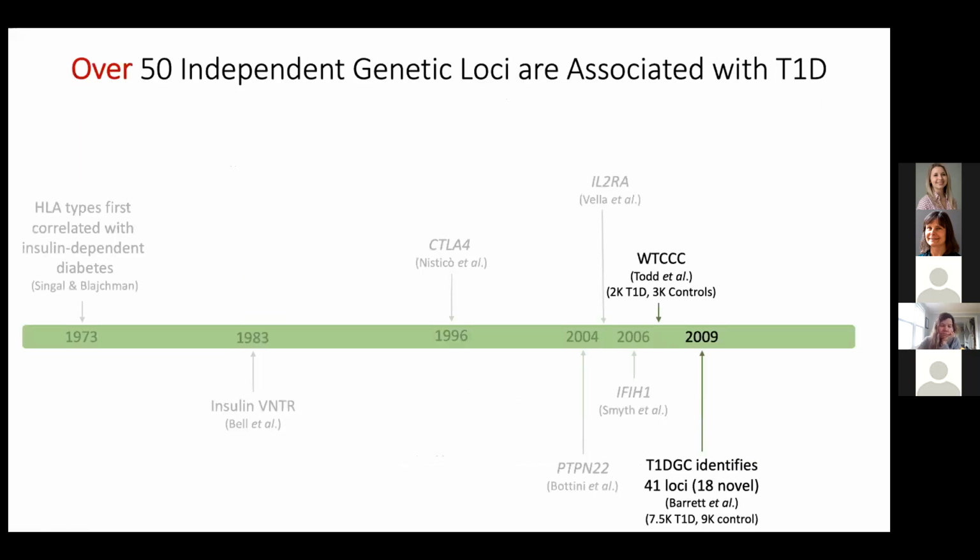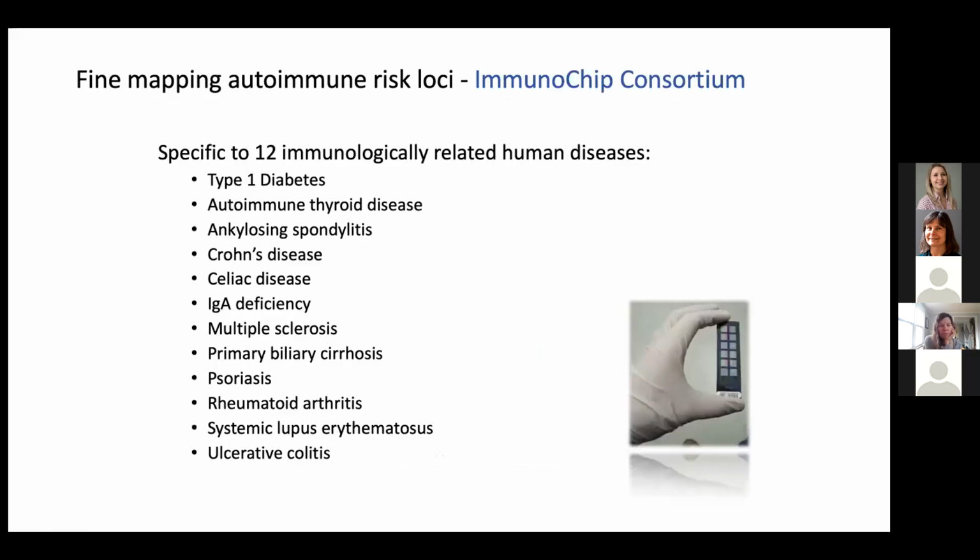from GWAS studies. Sorry. So in the autoimmune community, we were not the only ones facing this challenge. Suddenly we have more than 40 loci, 50 loci to go in and genotype in a very dense array. So what we did is that we brought our forces together with other immune-mediated consortiums and created the ImmunoChip Consortium.